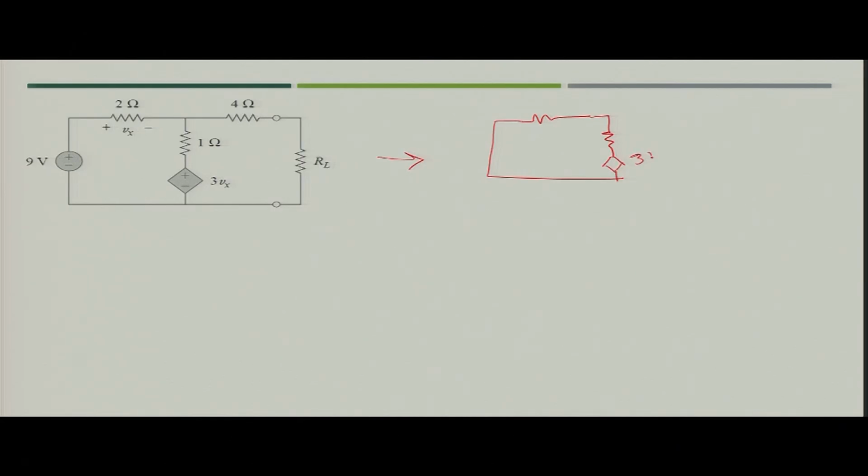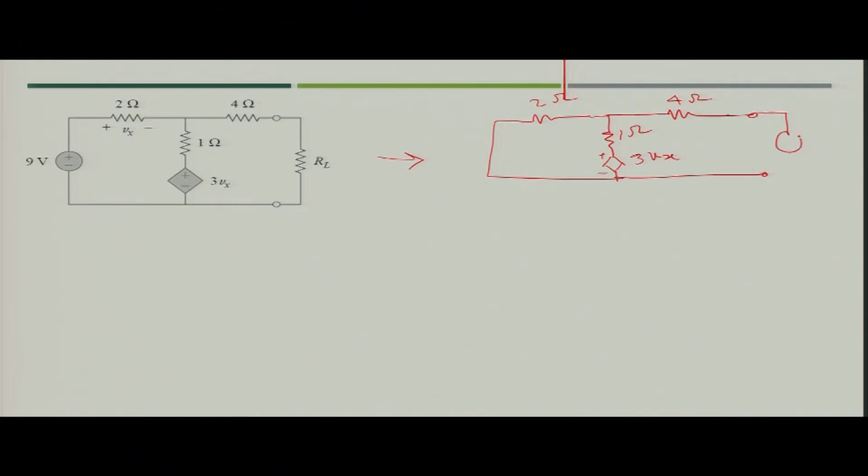So, this is 3 V x, this is 1 ohm, this is 2 ohm, and then you have 4 ohm, and you need to find out the Thevenin resistance.